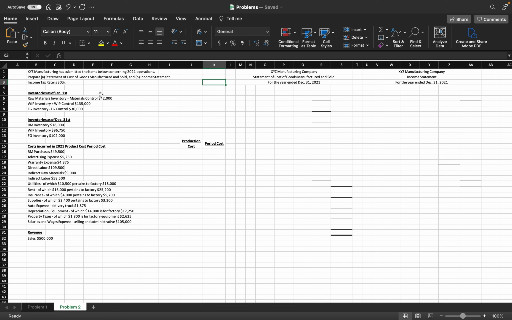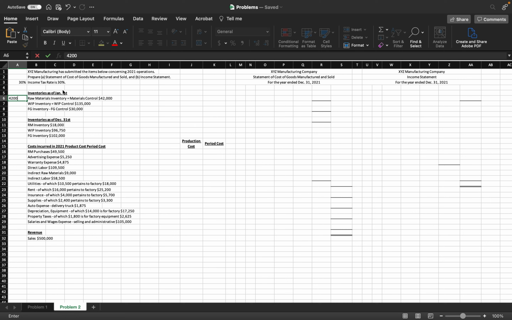Now, when I'm working these problems, what I like to do is use this column here to actually put in the data. So we were told that they have a 30% tax rate, so we put that in. We're told that their raw materials were $42,000.